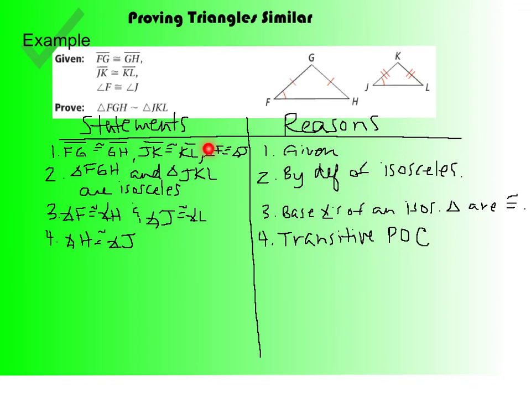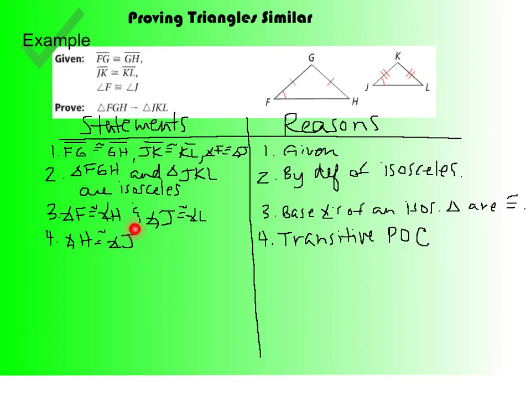So remember, F is congruent to J, but I also have that F is congruent to H. So I can cut out that middleman, the F, and I can directly link angle H and angle J. So that's what I've done in this step here.